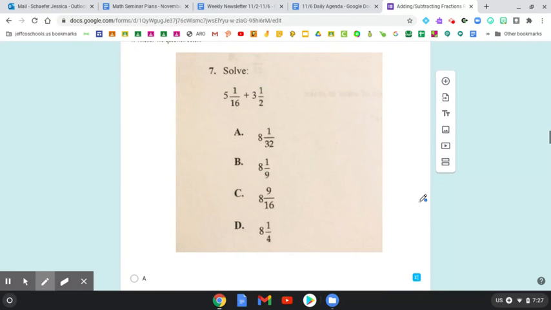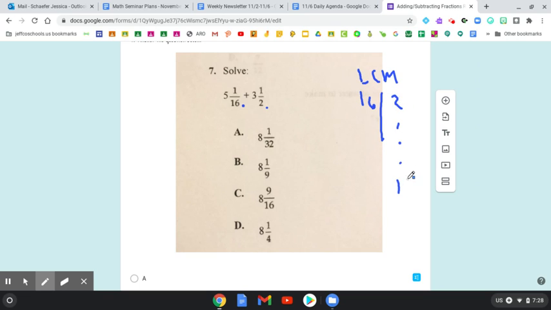Number 7, we need to solve. We've got these mixed numbers. So we could go through and convert them into improper fractions, or I can try and go straight off of my fraction form here and think about an LCM for 16 and 2. So if I think about an LCM with 16 and 2, eventually in my 2's, I know I'm going to hit 16.